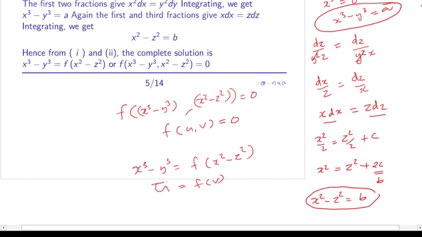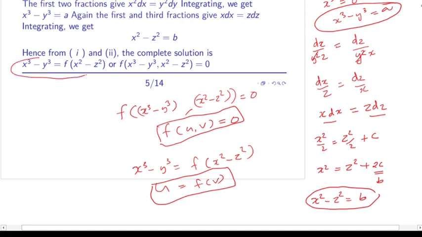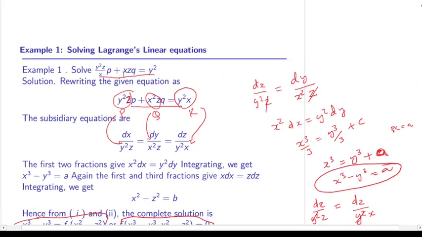So these are two typical ways to represent the solution. One is f of u, v equal to 0, or the other is u equal to f of v. So you can write either of these forms. So the general solution is like this representation or like this representation. This is how you solve a particular Lagrange linear equation by using subsidiary equations and grouping.